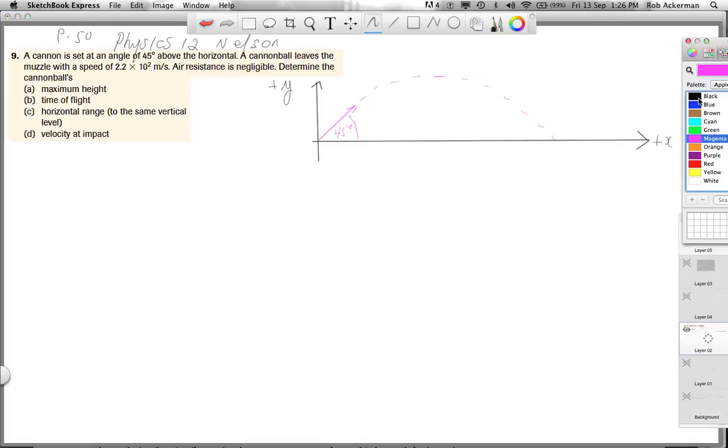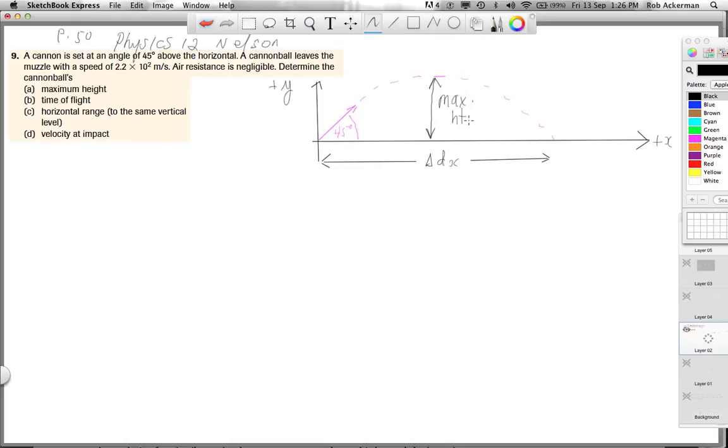So right away I can start to see things like the delta dx, the horizontal range, which goes over to there and over to here. That would be question C, right? They ask for the maximum height, and I can see that that will be somewhere around here.